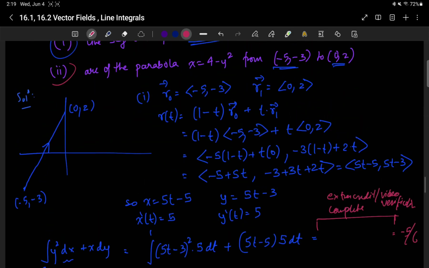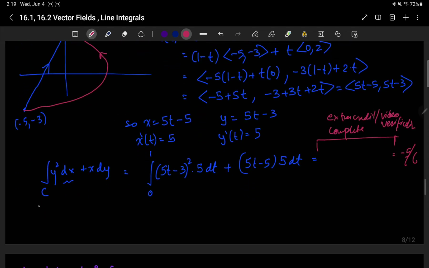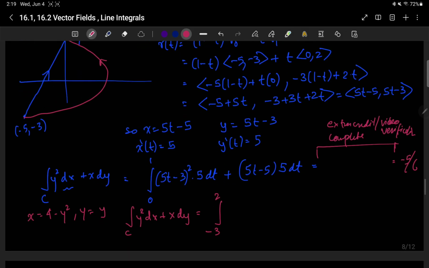Now the second part, which is an arc of the parabola x equals 4 minus y squared, takes a different route. And basically the question is, will the answer differ or not? Now in the red case, the parameterization is x equals 4 minus y squared and y equals y, so that the line integral y squared dx plus x dy now becomes the integral from negative 3 to 2. That's because you're parameterizing using y here.